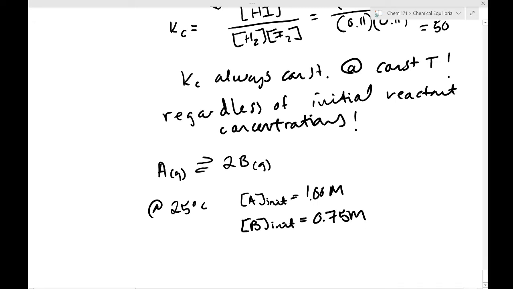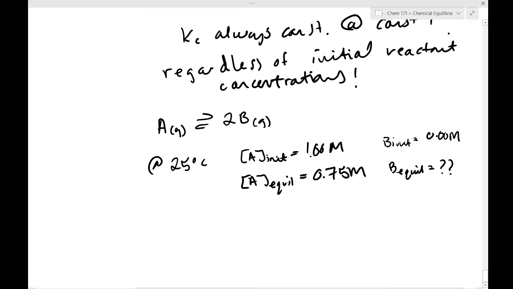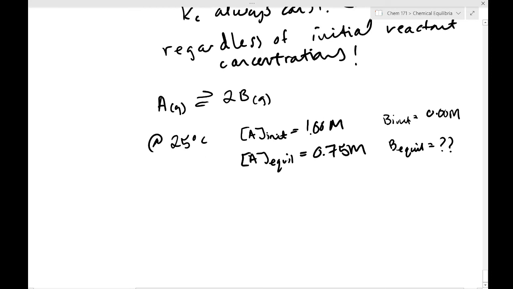Oops, sorry, this is not B init, this is A equilibrium, equal to 0.75 molar. So that's A at equilibrium. B init, the initial concentration of B, is 0.00 molar. We haven't made any yet. Okay, so then we have B equilibrium is equal to what? Can we solve for this? The answer is to use something called an ICE table.